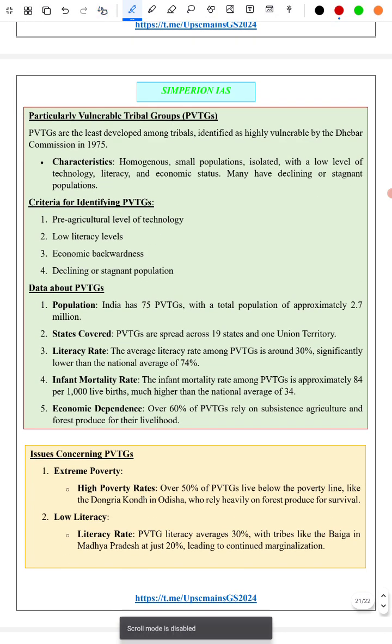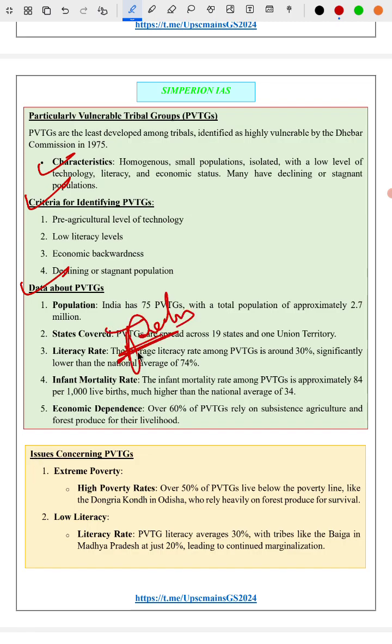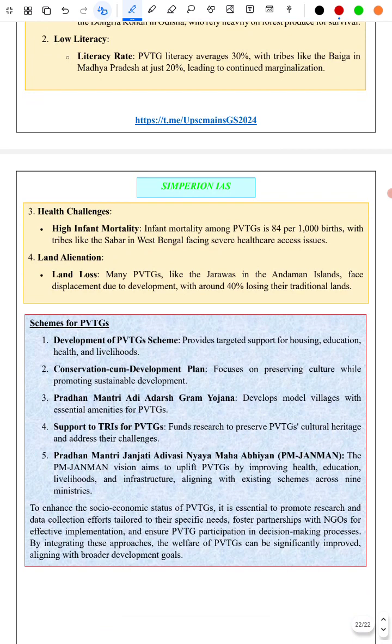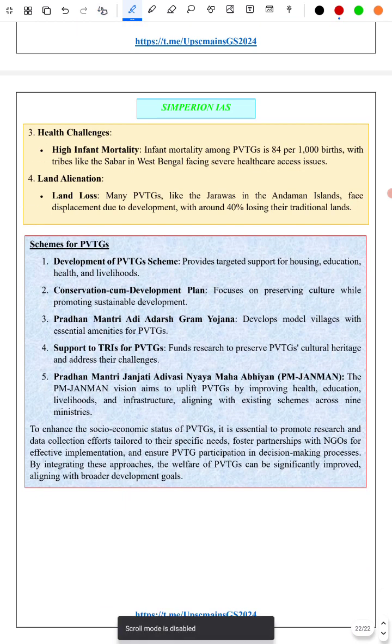Next, we have discussed another important topic, that is PVTG. PVTG characteristics, criteria for identifying PVTG, the data related to the PVTG, an important topic for prelims and also the mains, both in the anthropology optional and even in the GS. Next, we have discussed issues concerning the PVTGs and also the schemes already taken for the welfare of PVTG.